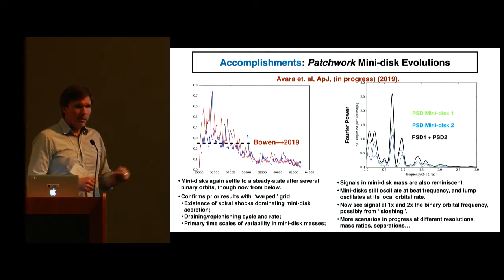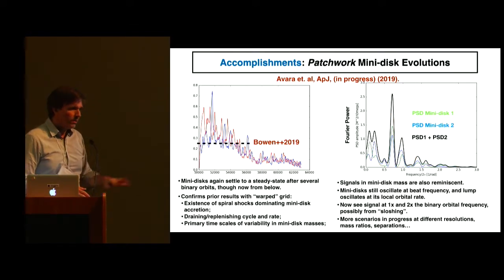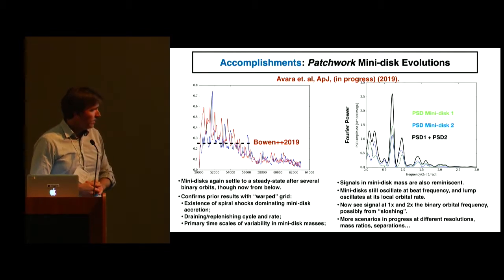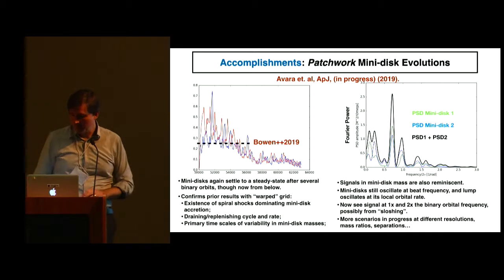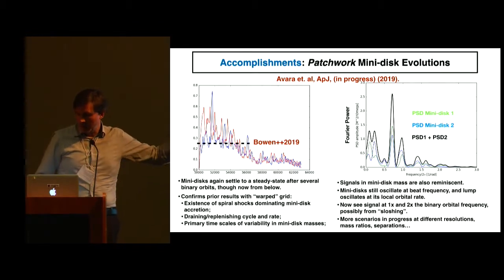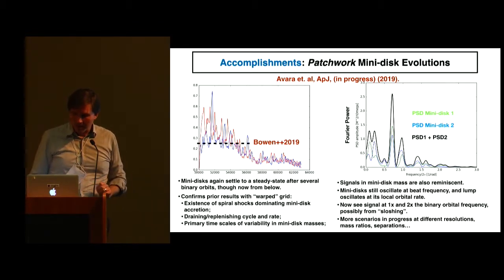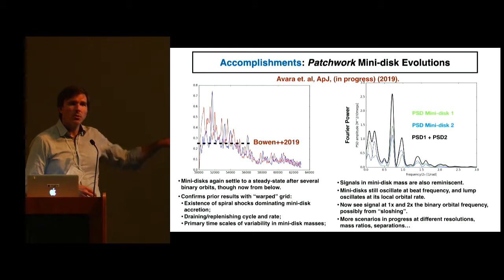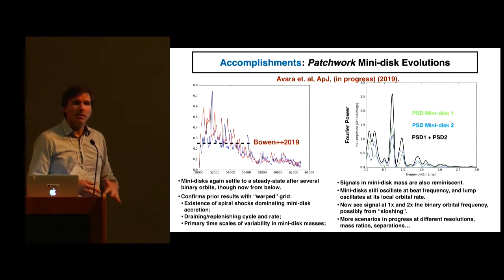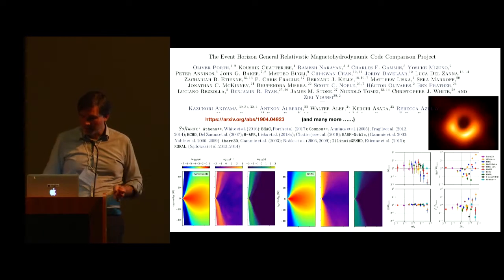So we're still exploring this in detail to see if these are statistically significant peaks at 2 times the orbital frequency of the binary. But also there's a little bit of a difference at the lower frequency end. There are 2 peaks there instead of 1 broader peak, and we're wondering if this is also evidence of the interaction between the mini-disks in the sloshing region.